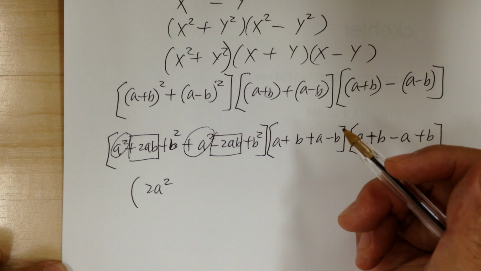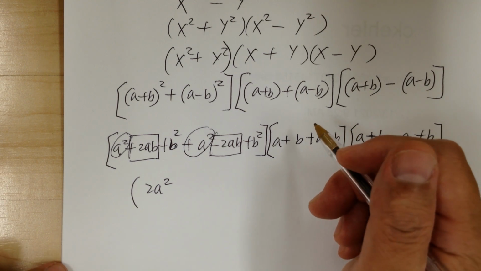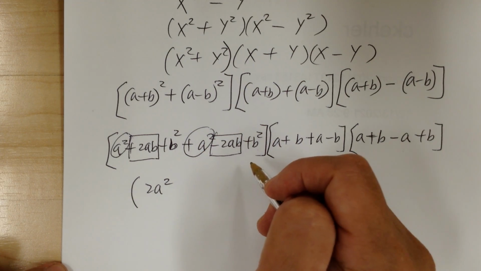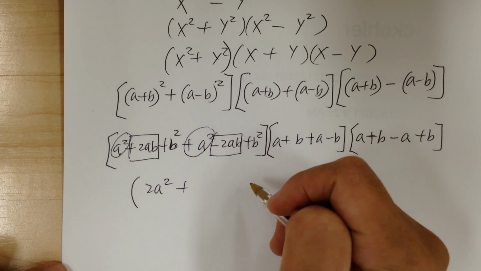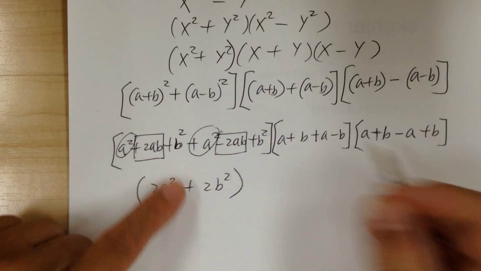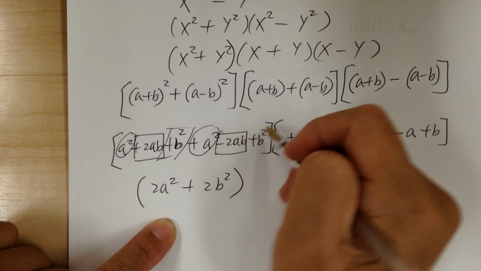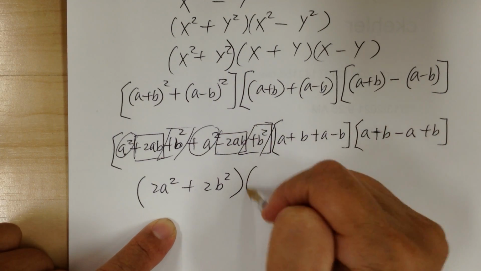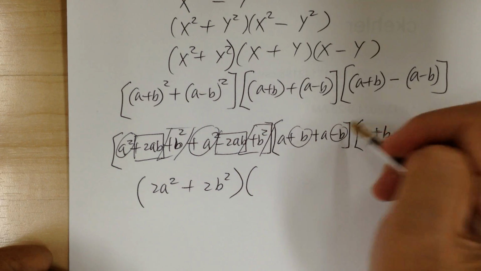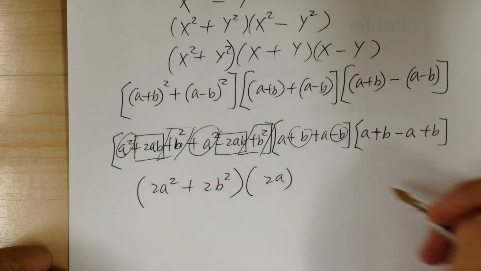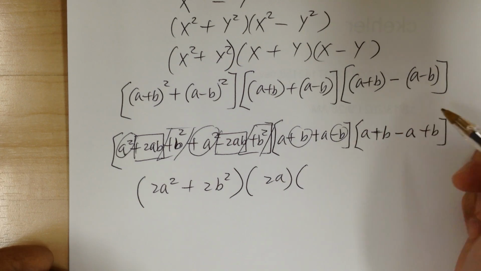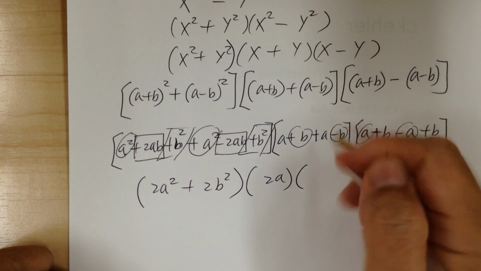And then plus 2b squared, so this one and this one. Let's do the second one. The b and minus b cancel out, so it's just 2a. And this one, the a and minus a cancel out, so it'd be 2b.